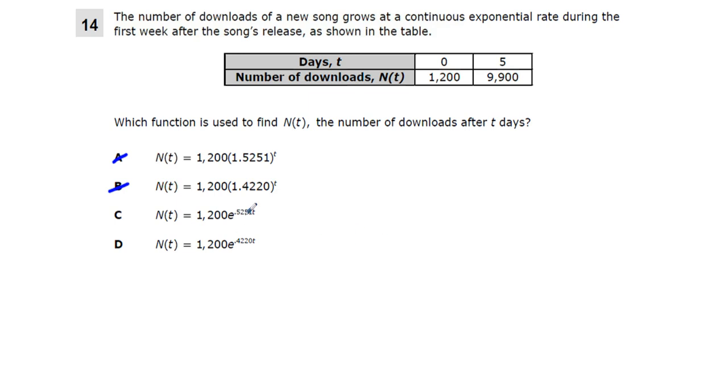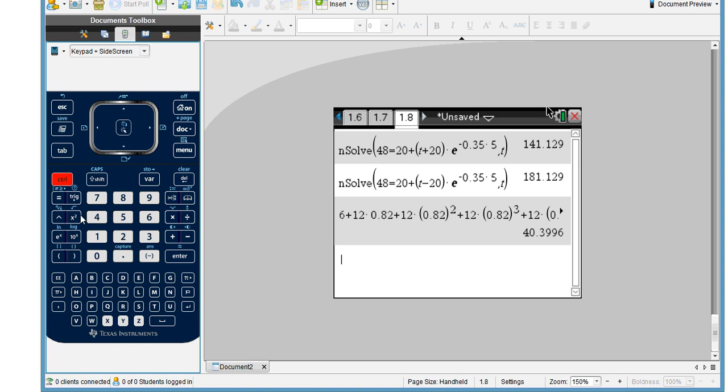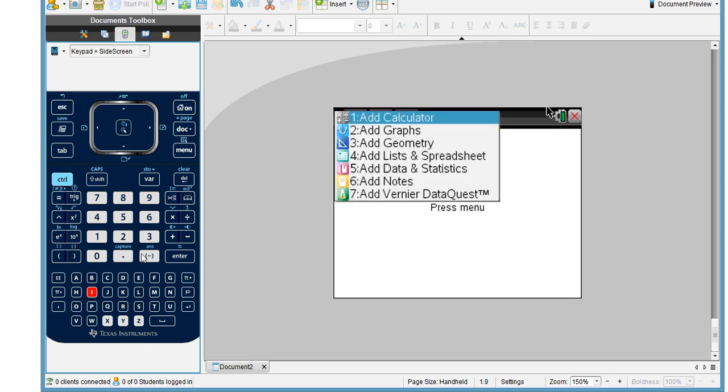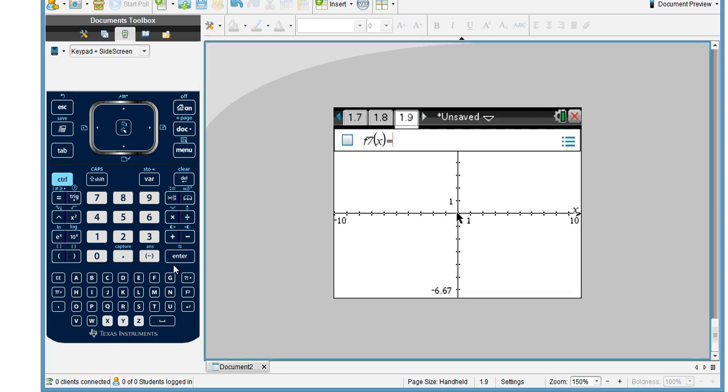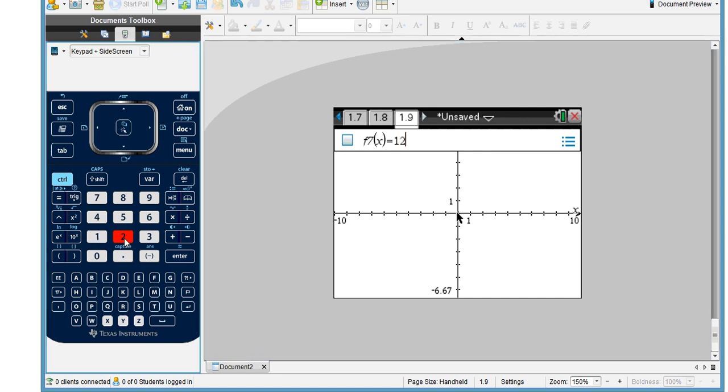And we can try these different ones and see what we get. If we put it as a function, I'm just going to go to the calculator and try to short circuit the one I think is the right answer just to save time. I think that D is our correct answer, and I'm going to put in 1200 times e to the power of 0.442220x.